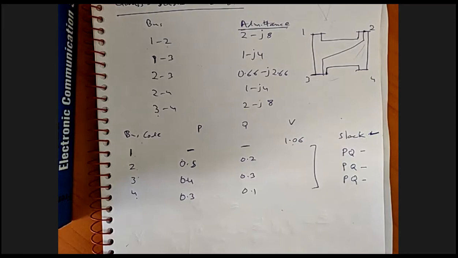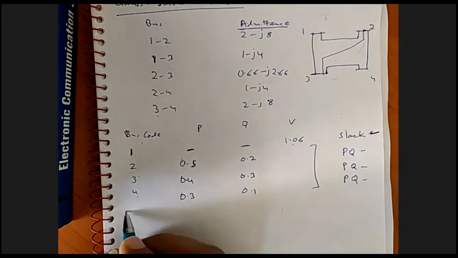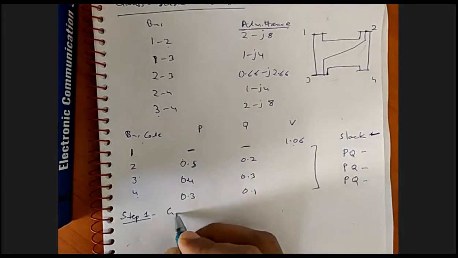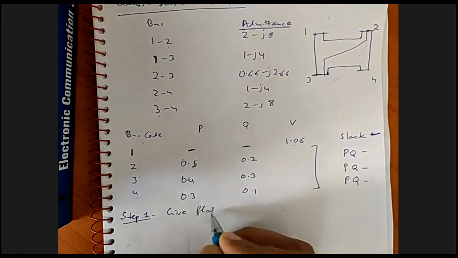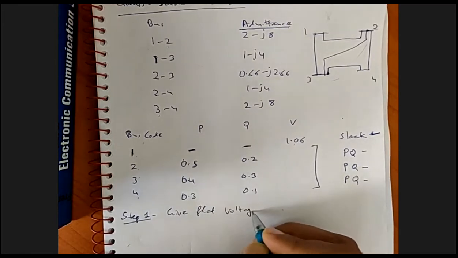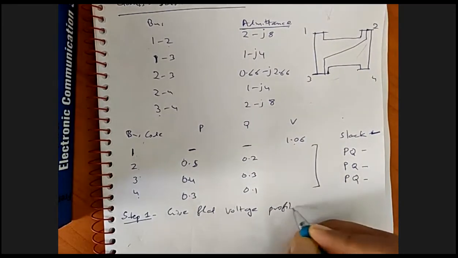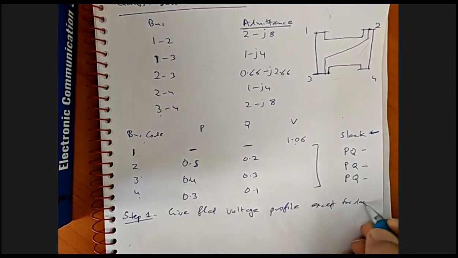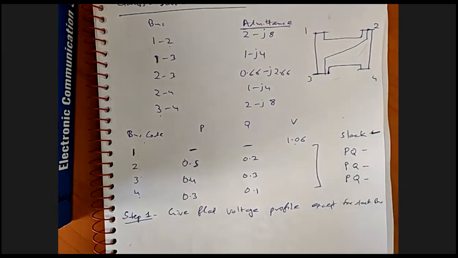For voltage, it is always specified. Your step number 1 is to give a flat voltage profile except for the slack bus, because at the slack bus the voltage is already specified.